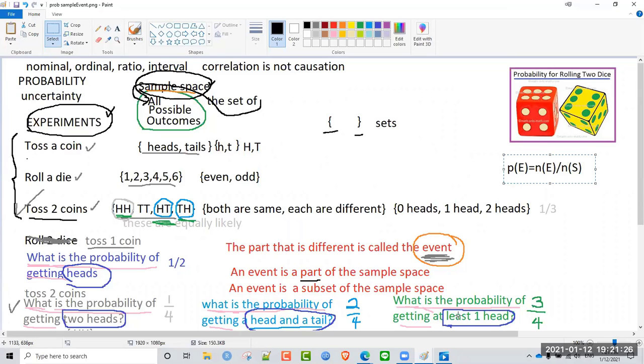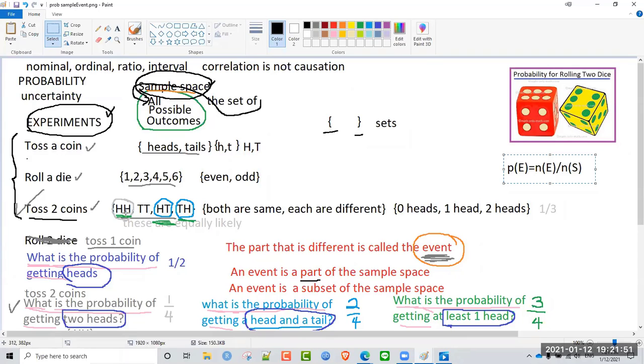Let's try this one. So this one, the green one, what was the experiment here though? What was the experiment for this green question? Tossing 2 coins. So what was the sample space for this one? It was here. And how many elements are there in the sample space? 4.